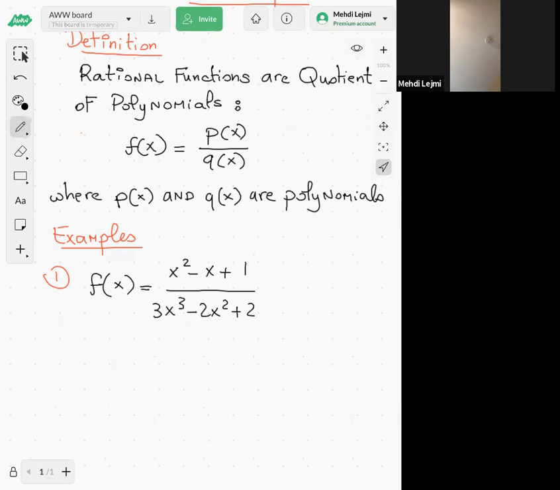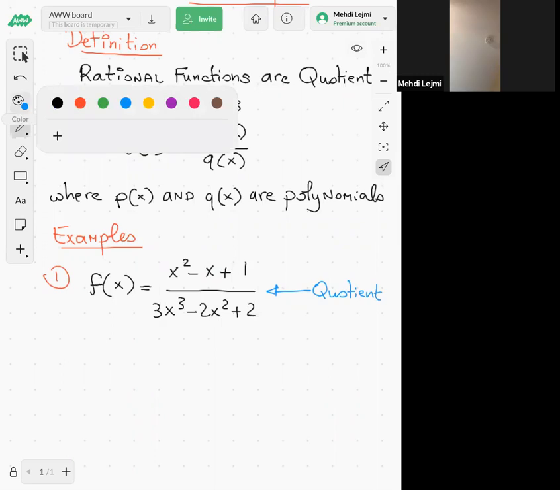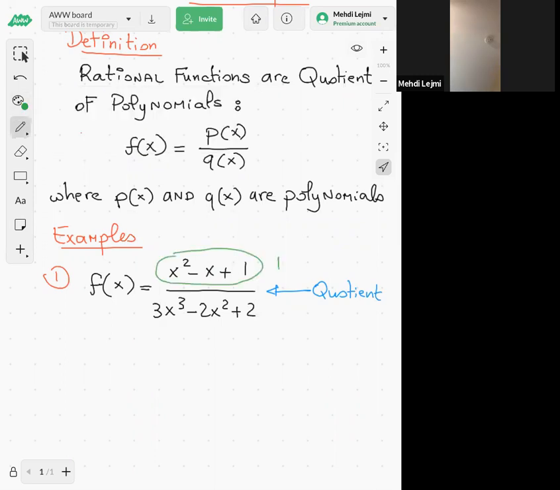All right, so you see, this is a quotient, it's a fraction. In the top we have a polynomial, this is the polynomial p of x, and in the denominator, that's the polynomial q of x. So it's p of x over q of x, where p and q are polynomials.